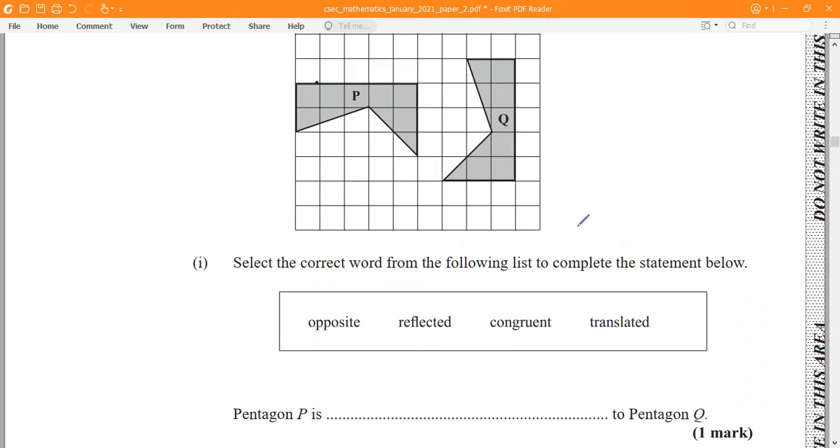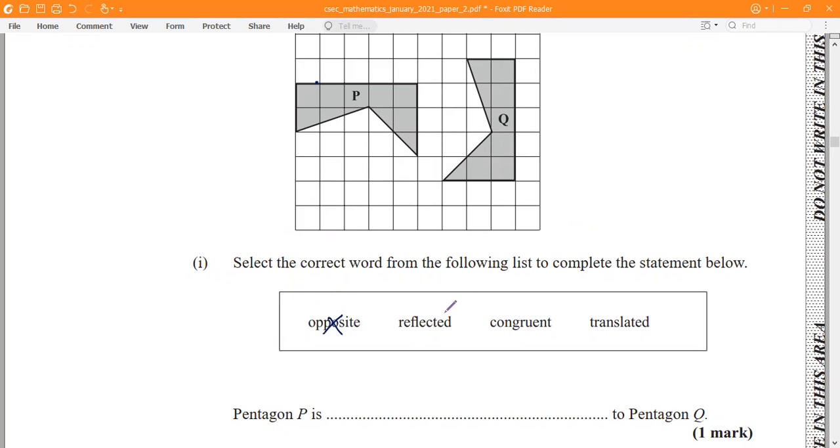When we observe them, the word opposite doesn't work here. The word reflected doesn't work here. The word translated doesn't work here because the orientation of the shape has changed.